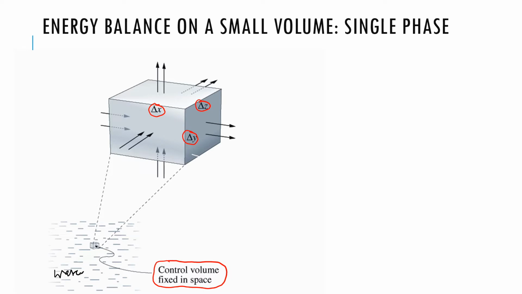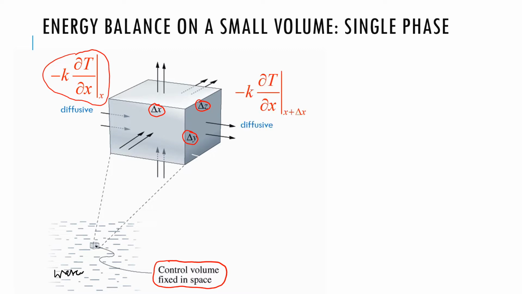And on this control volume, we look at how energy can come in and go out. So energy can come in by conduction, which is given by this Fourier's law, and also it can leave by conduction. So the other way that energy can come into this control volume is by bulk flow.